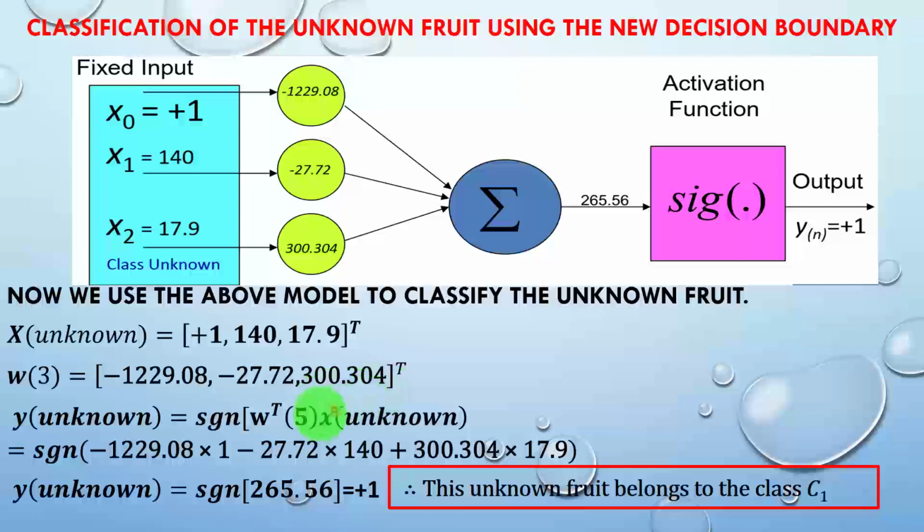Again, we'll use our signum, and we come to the conclusion that it is the signum of some positive value, so it's +1. So we conclude that the unknown fruit belongs to class C1 because it's positive. Very good. Now our network is doing well and it's able to even predict an unknown type of fruit.